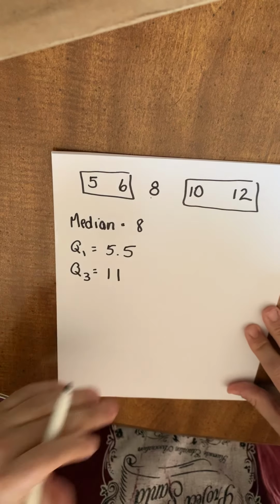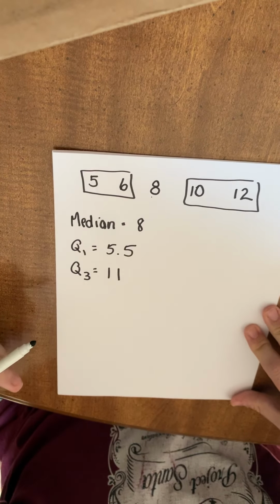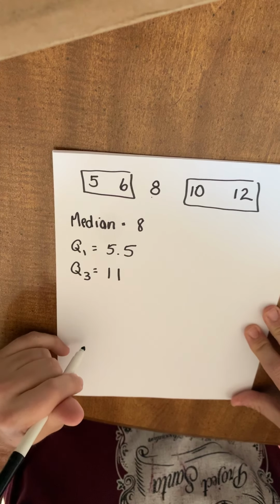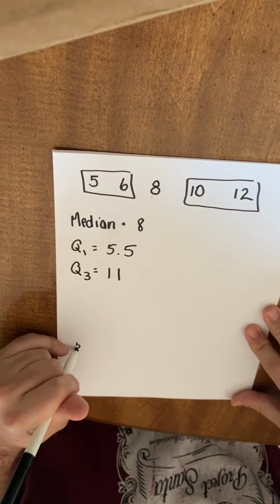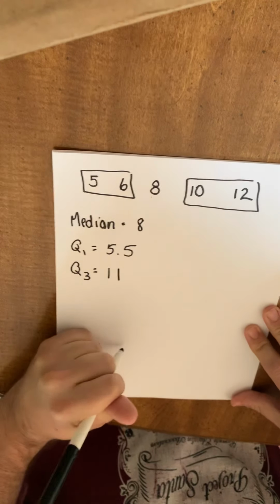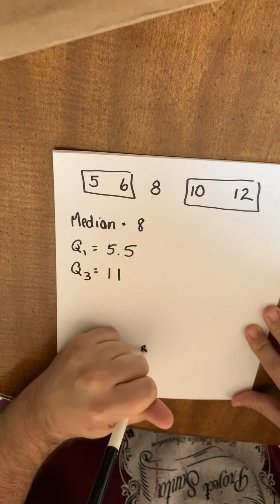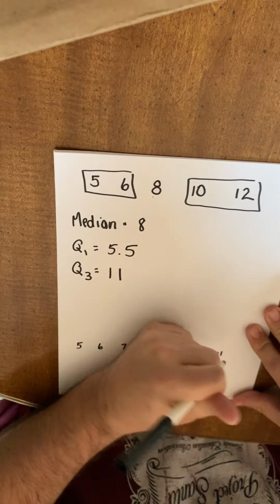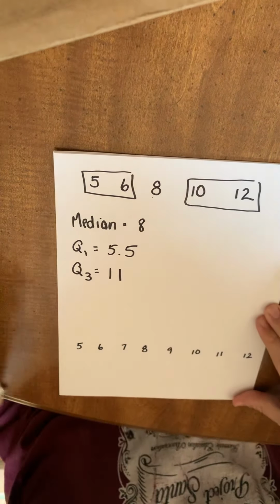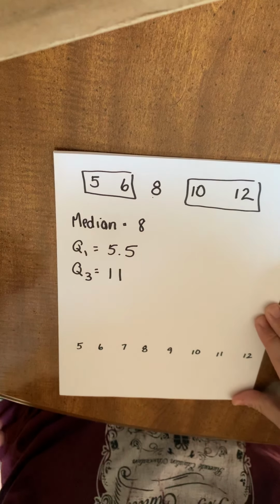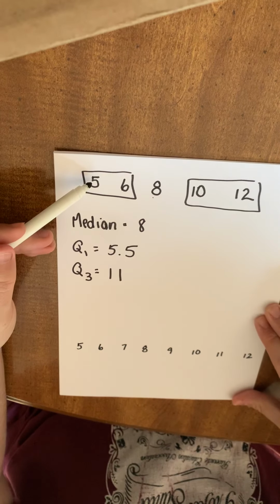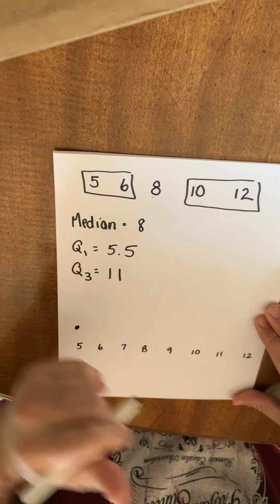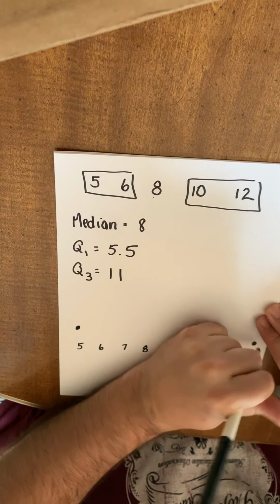Now we have enough information to make our box and whisker plot. Our smallest number is 5, so let's say we have 5, 6, 7, 8, 9, 10, 11, 12. I'm going to put dots on my highest number and lowest number, so 5 and 12.